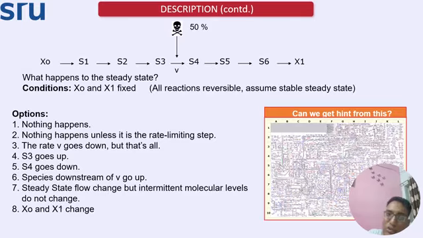Now understand, if the velocity V from S3 to S4 decreases by 50%, so that the S3 to S4 production rate goes down to 50%, what will happen? Tell me the required answer. X0 and X1 are fixed states. All reactions are reversible.